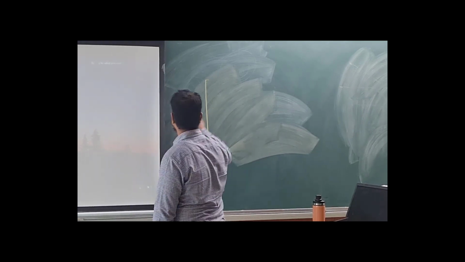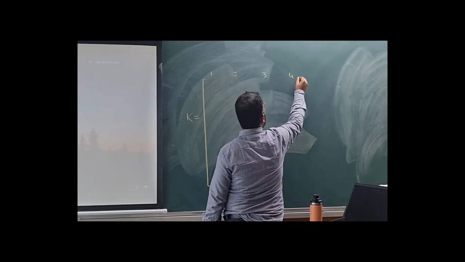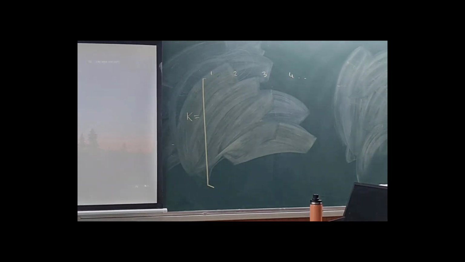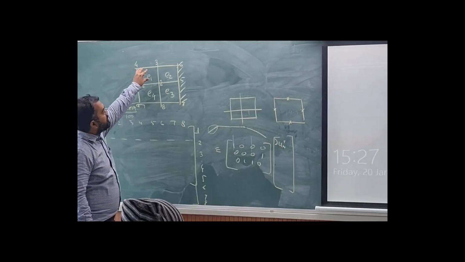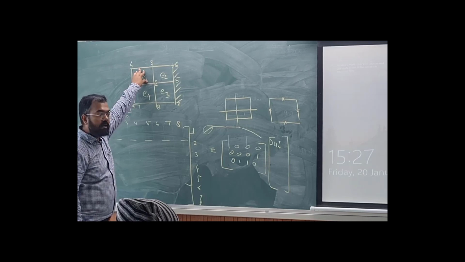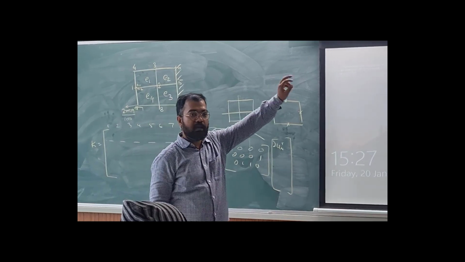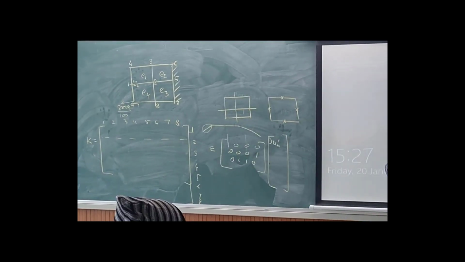So I will have 18 here, 1, 2, 3, 4 and so on, and also 18 there, right? So how will I place them? I will place them as per the node numbers. So I will take this stiffness matrix, and I'll put K11, K12, K31, K32, K41, K42.